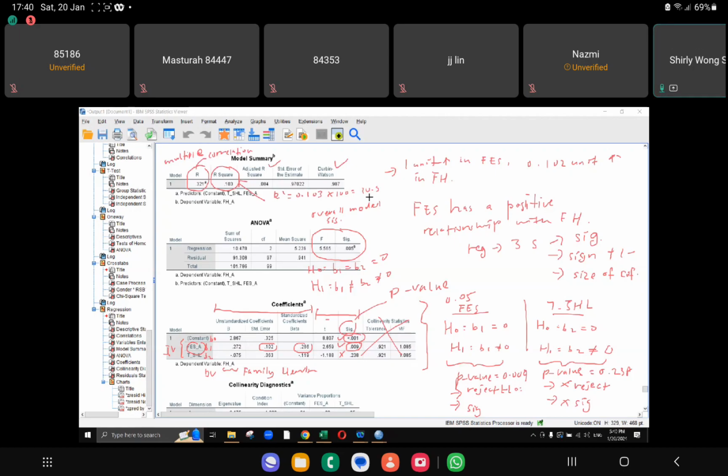So meaning to say, the independent variables can only explain the dependent variable by 10.3%. A very big error. Okay? Whatever result it is, just report only. This is assignment only. Okay, this is basically about multiple regression.